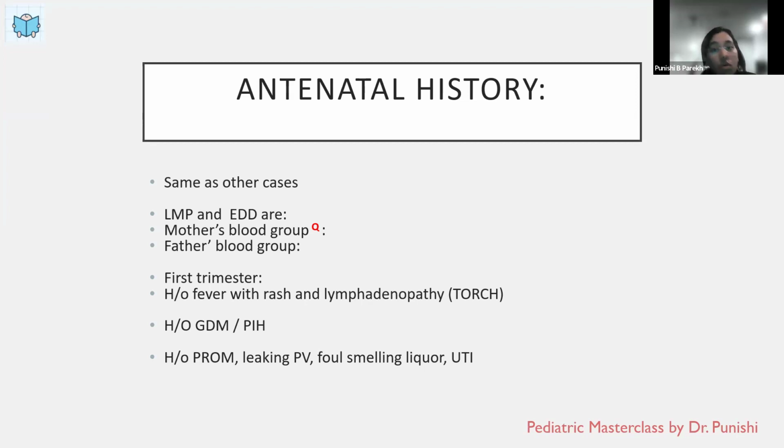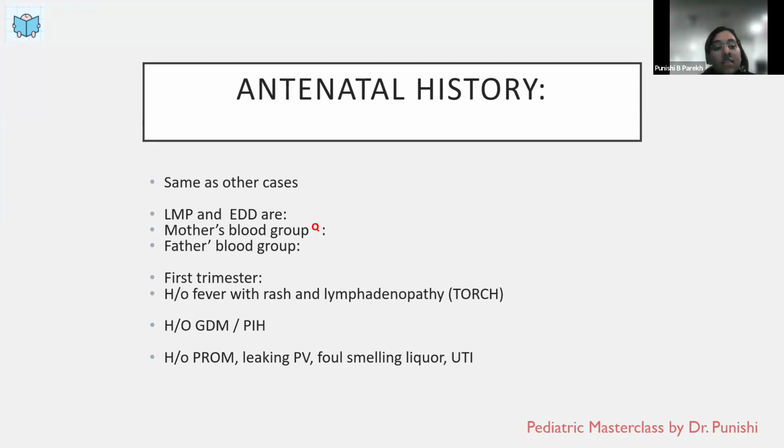That's why it's very important for you to know, number one, what ABO and RH incompatibility is, and number two, you have to ask for the mother's blood group. If the mother knows the father's blood group, well and good, but you should at least be able to find out the mother's blood group in your history taking. We look at what ABO and RH incompatibility is in the next few slides.